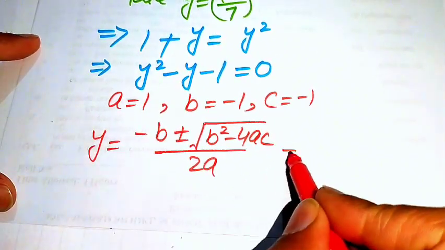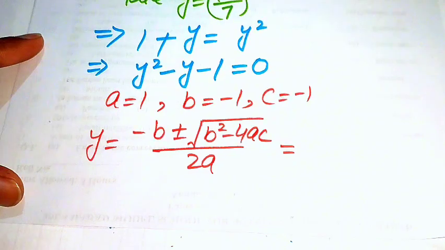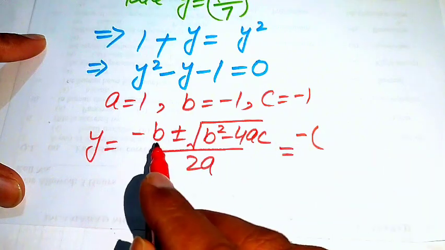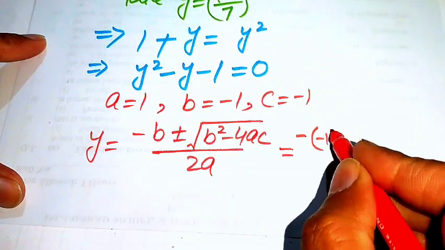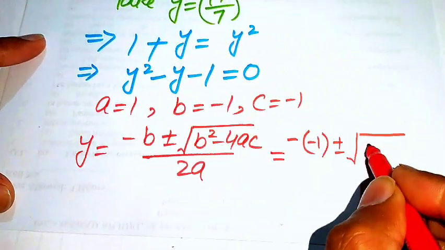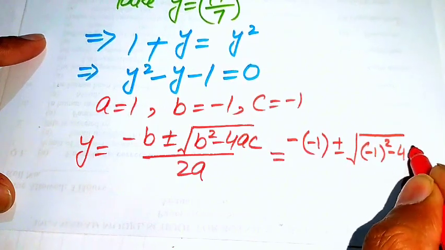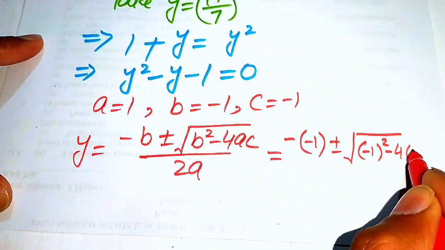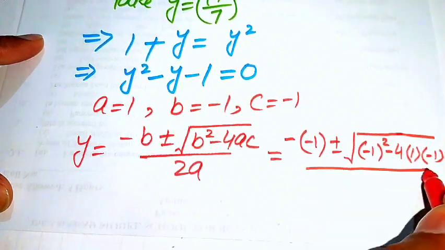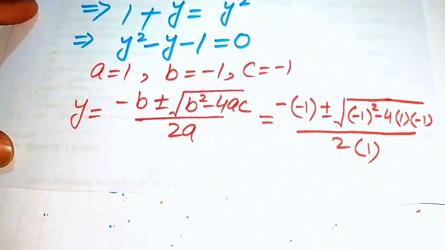So now we put the values of a, b and c in this quadratic formula, and it will be written as minus times the value of b is minus 1 plus minus square root of b square, and our b is minus 1 square minus 4 times a is 1 and c is minus 1 and this whole divided by 2 times a, and our a is 1.